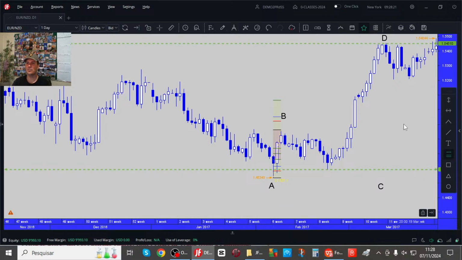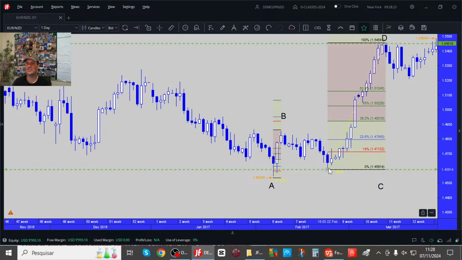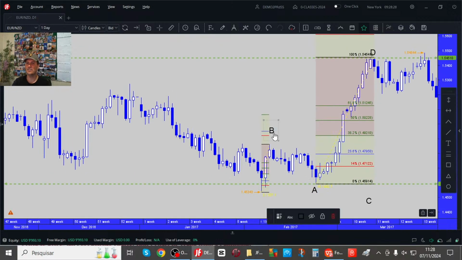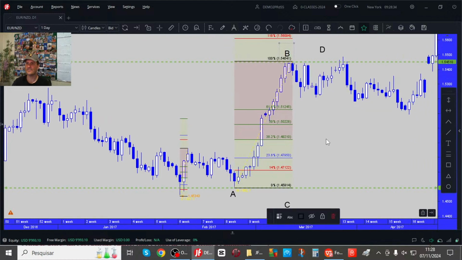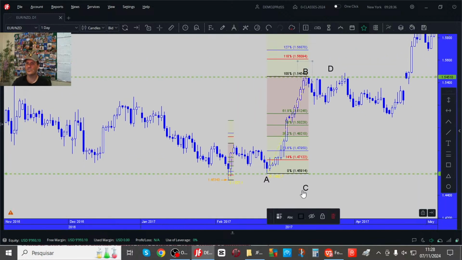Very good. Fibonacci retracement tool. We're going to connect again. A goes to C, B goes to D. Moving forward. That's the C again.